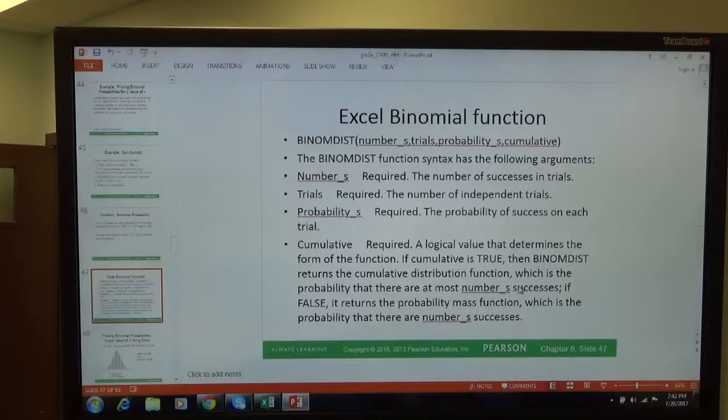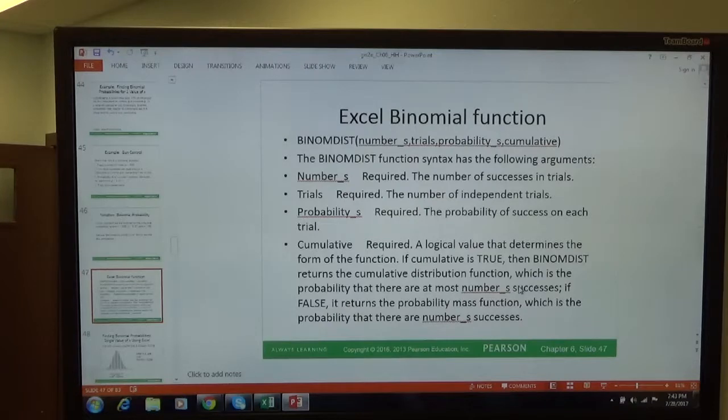BINOMDIST. And again, there are four arguments here. The first one is the number of successes in trials, like 90.